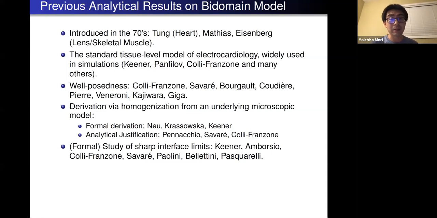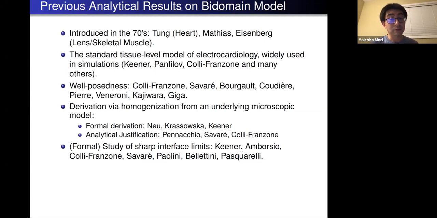Since then, the bidomain model has been used as the standard tissue level model of electrocardiology and is very widely used in simulations. Many people have contributed to the literature, including Jim Keener, Sasha Panfilov, Colli Franzone, and many, many others.